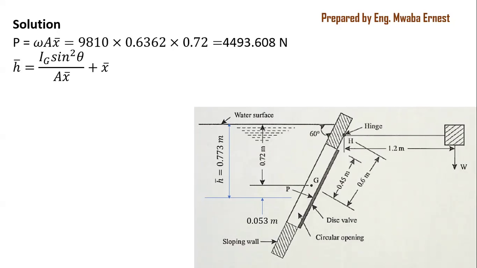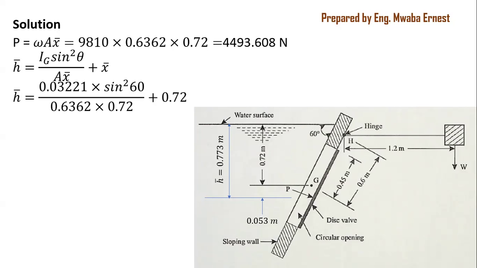So our h bar is Ig sine squared theta over A times x bar, plus x bar. So we can do the substitution. Ig, we already found it to be 0.03221 times sine squared 60 over our area 0.6362 times x bar, which is 0.72. Whatever is going to come from all this, you add to 0.72.